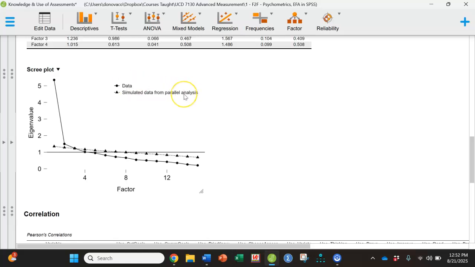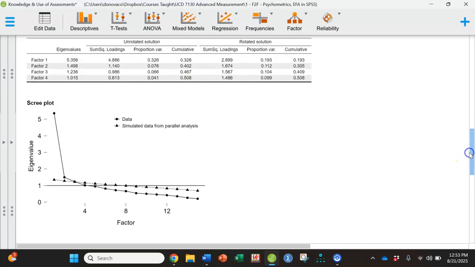Remember, parallel analysis is creating a mock data set, running correlations just by chance to see what happens within the data set. So factor 1 is supported, factor 2 is supported, factor 3 is right here, not really clear, factor 4 is down here, not supported as not being due to chance.